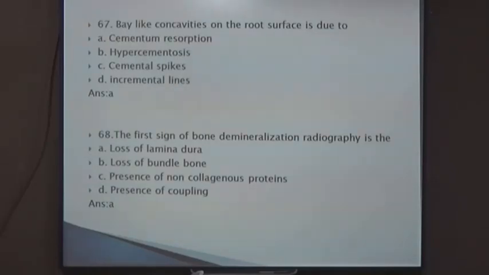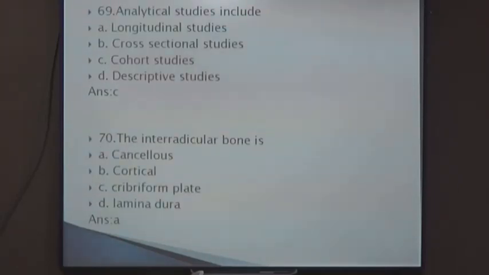The first sign of bone demineralization in radiography is the loss of lamina dura. Why are we saying it is the first sign? Because it is the one which lines the socket wall. When there is periodontitis, the resorption is going to start from the lamina dura. Loss of lamina dura means there is going to be a demineralization. It will be seen as bone demineralization in the radiograph.